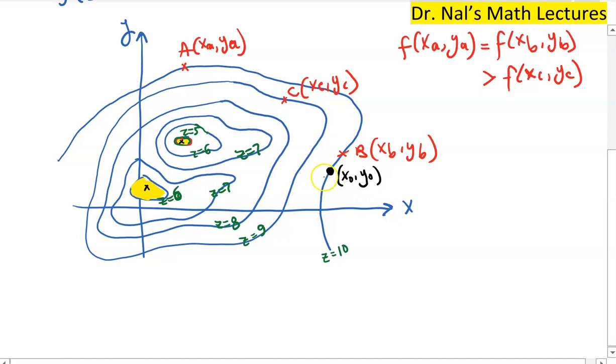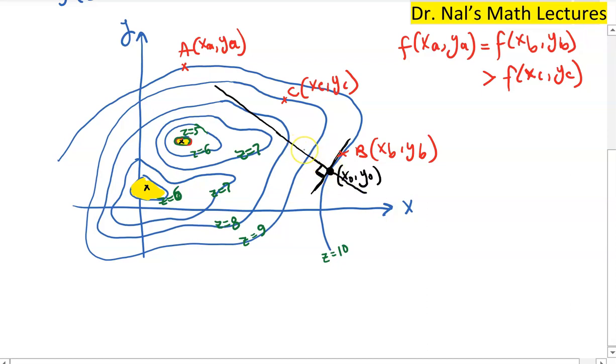Find the tangent line to that contour at that point, which is something like this, and then we will find something called a gradient, which is a perpendicular. So we will find a perpendicular line, which we call the gradient, and that's where the name gradient descent comes from, right?